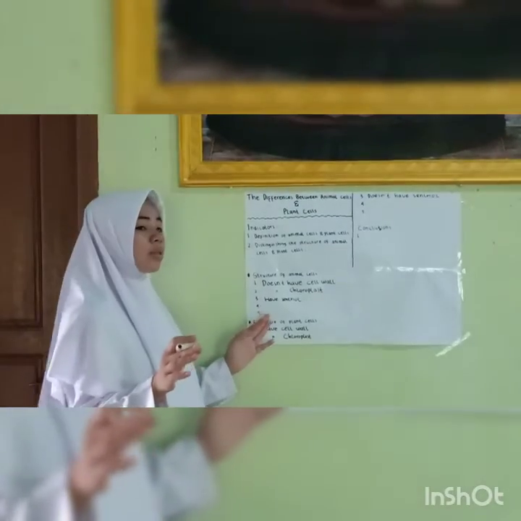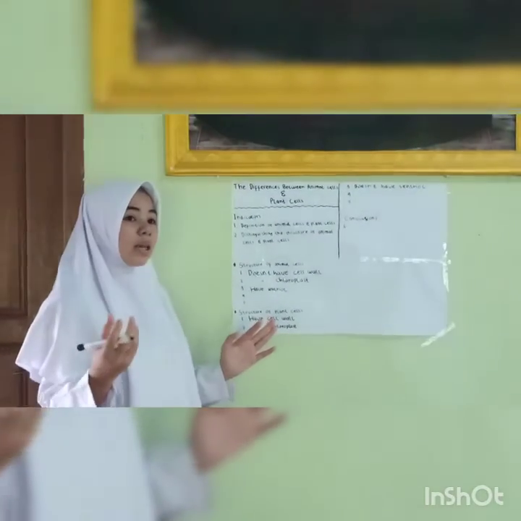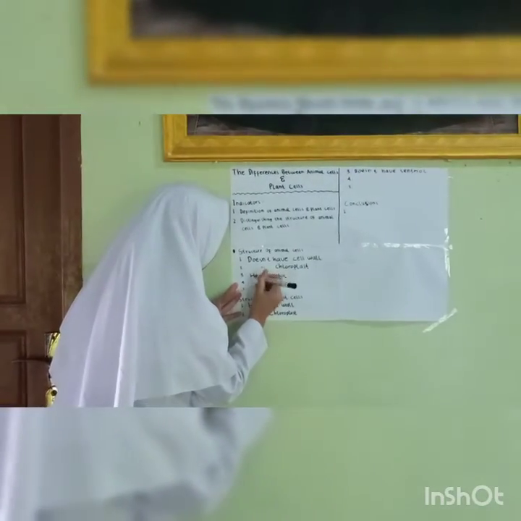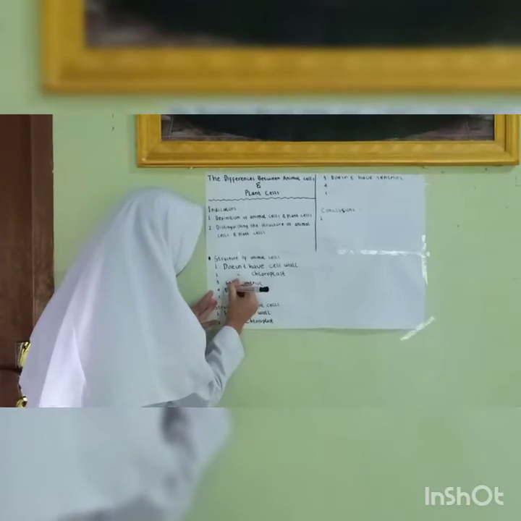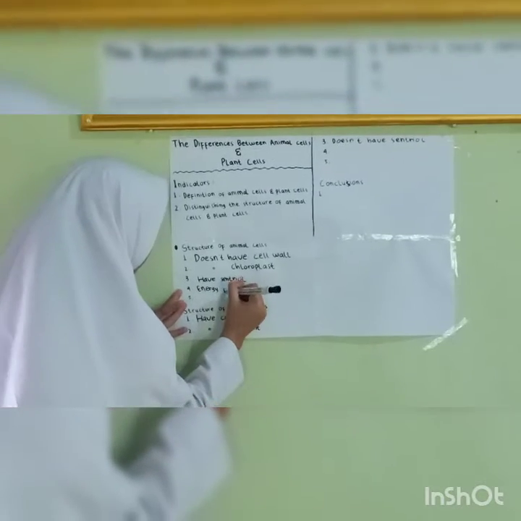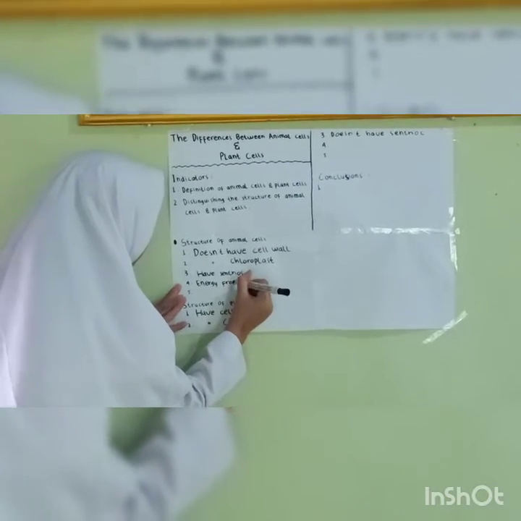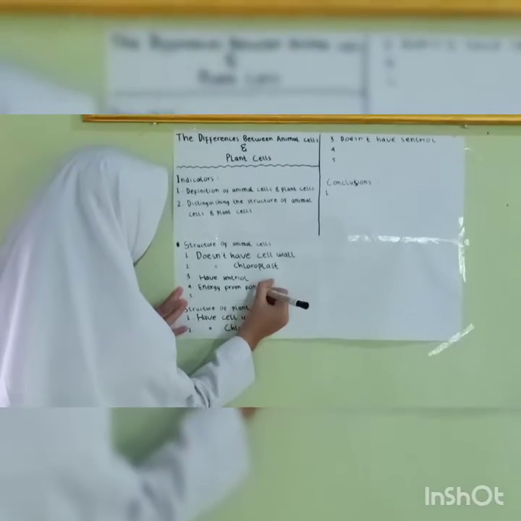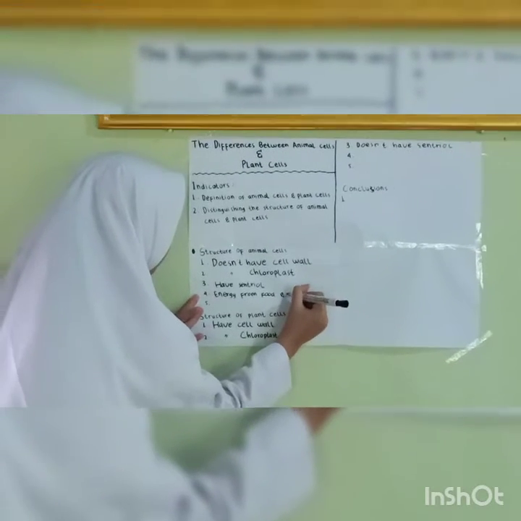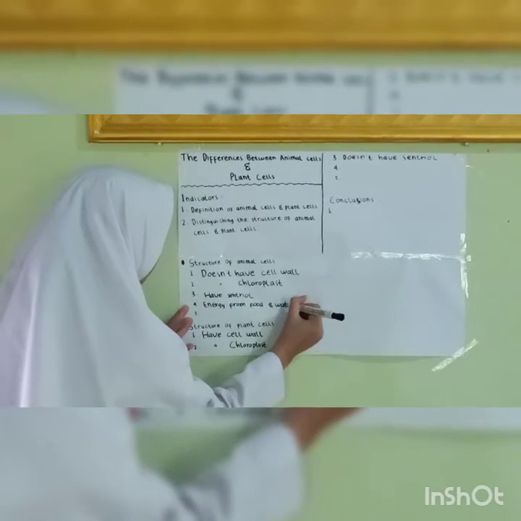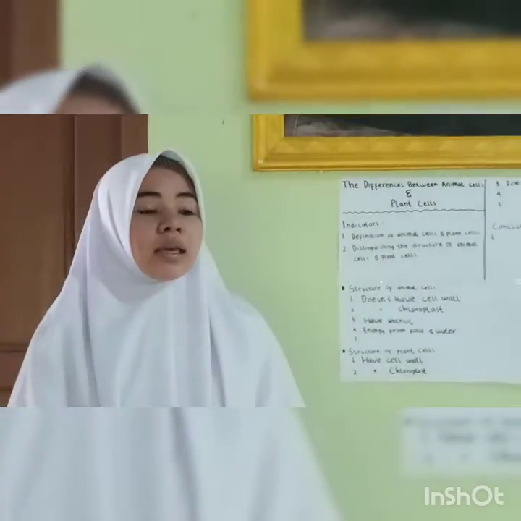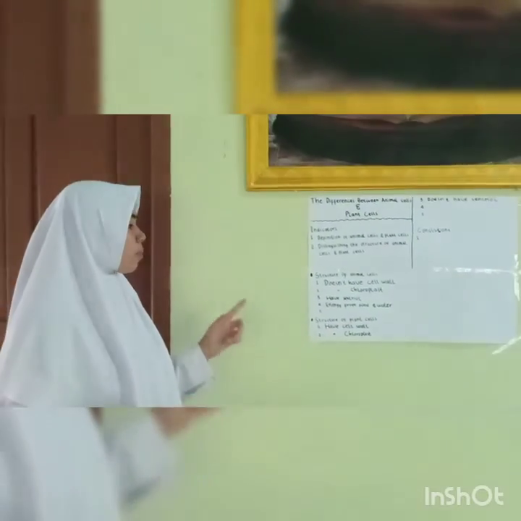So animal cells get energy from the food and water. Yeah, any animal cell can live because they get energy from food and water.